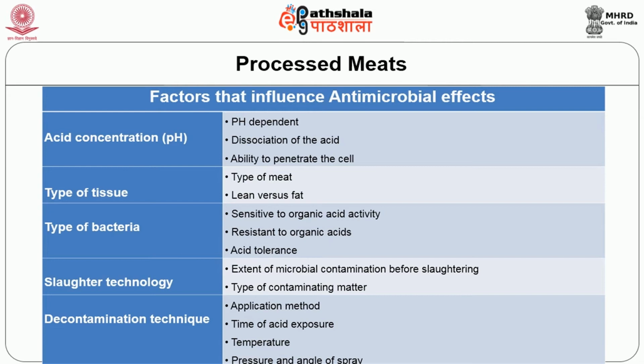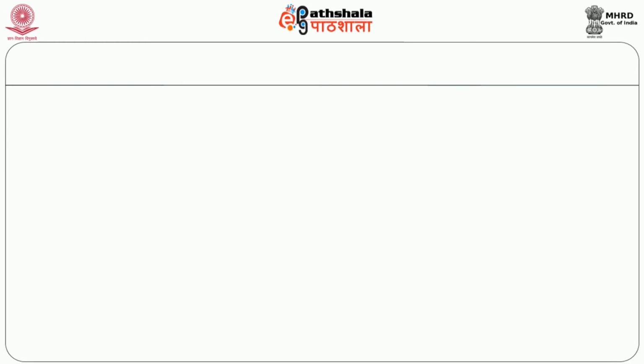The factors that affect the type of bacteria are sensitivity to organic acid activity, resistance to organic acid and acid tolerance. The factors that affect the slaughter technology are the extent of microbial contamination before slaughtering, type of contaminating matter and decontaminating technique or its application method, time of acid exposure, temperature, pressure and angle of spray.